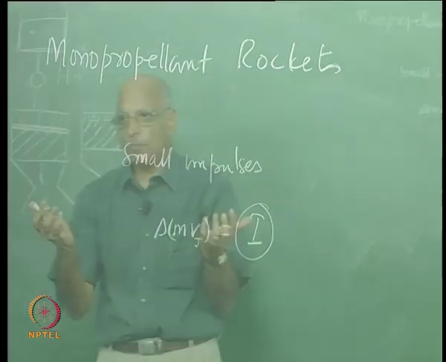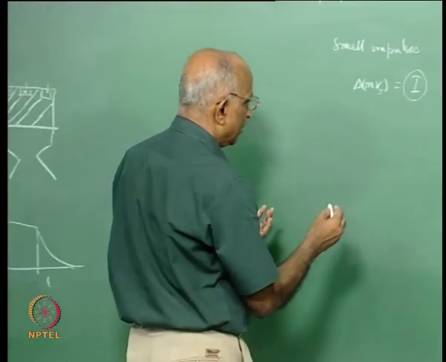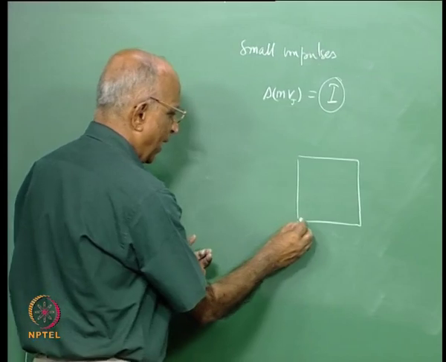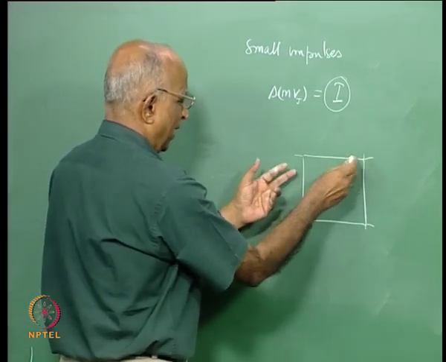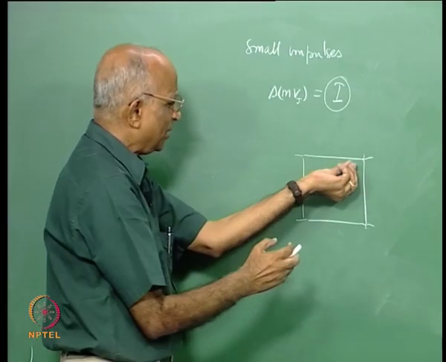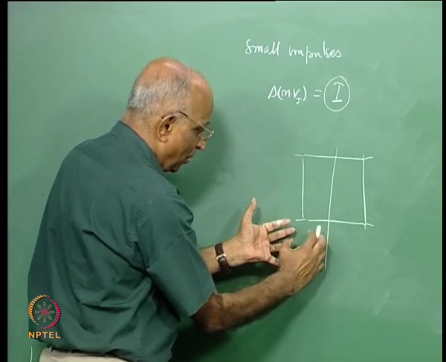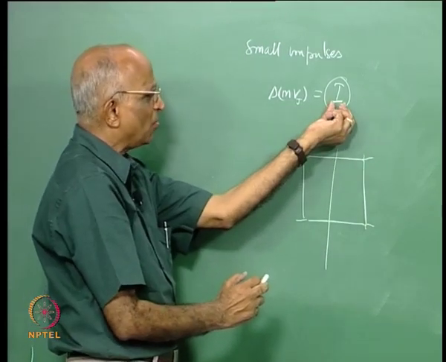Why are impulses important? Supposing, I showed you the case of an INSAT spacecraft. I have something like 16 rockets at the edges of it, which generate a small amount of thrust such that if its axis is not in proper shape, I am able to correct it, which means I have to supply a small impulse.